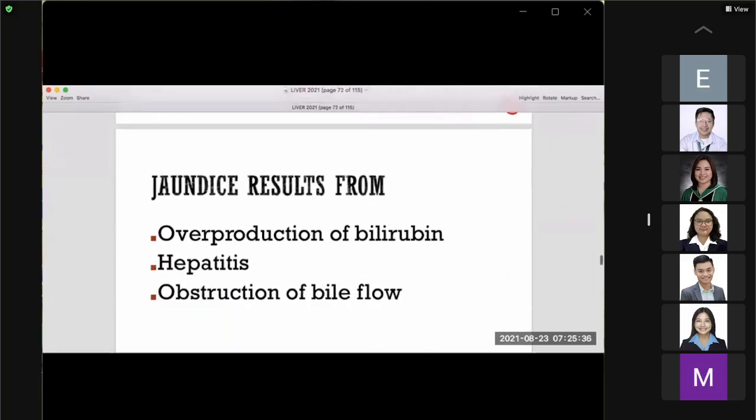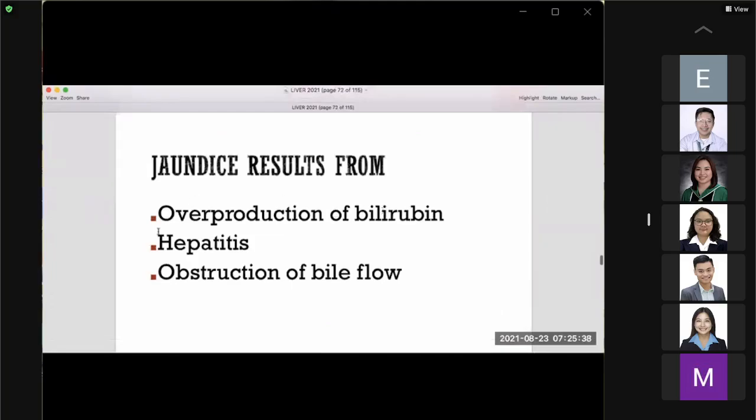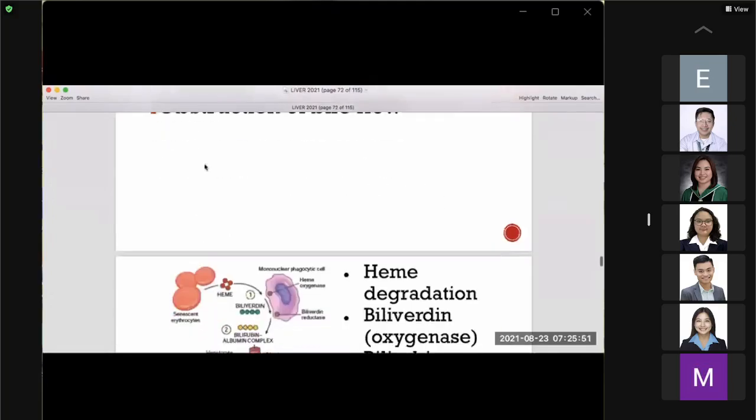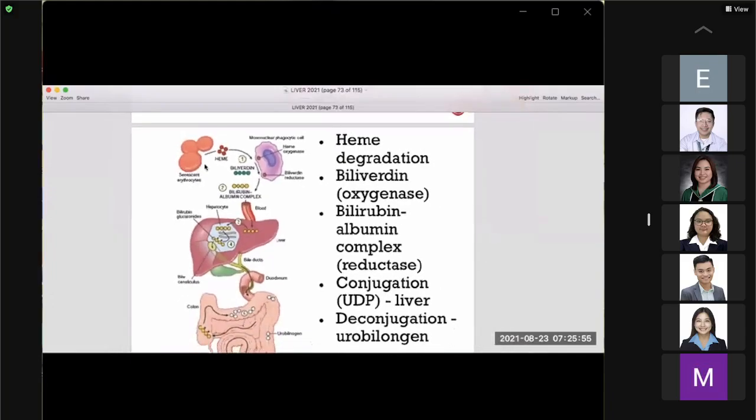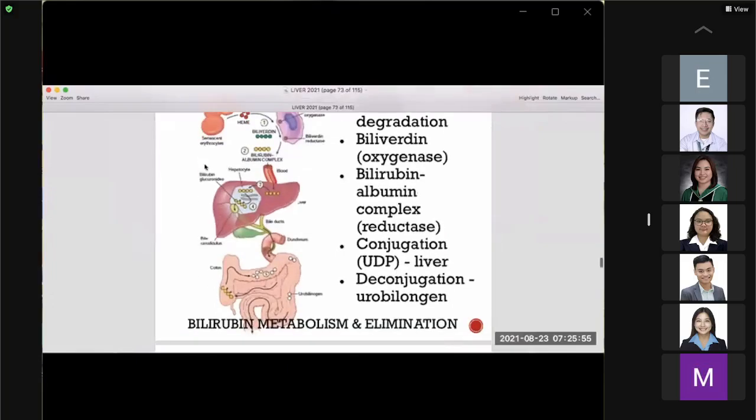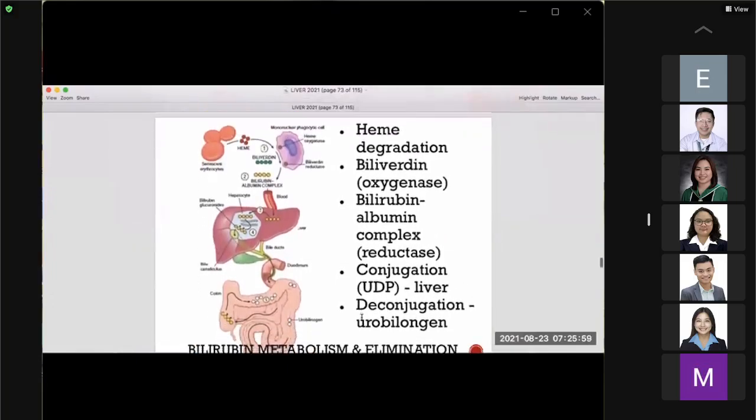Okay, so how is that? Jaundice results if there's overproduction of bilirubin in cases of hepatitis, and of course in the presence of obstruction of the bile flow. So the patient will be manifesting with jaundice eventually. Okay, so this is the process of bilirubin metabolism and elimination.